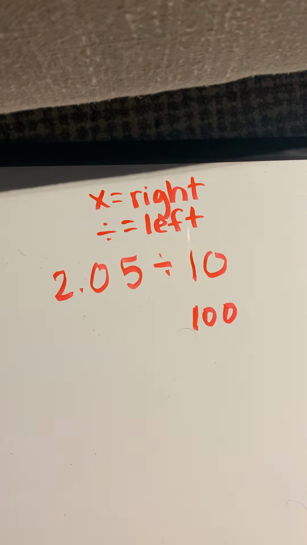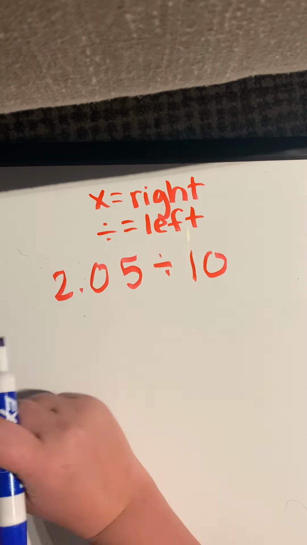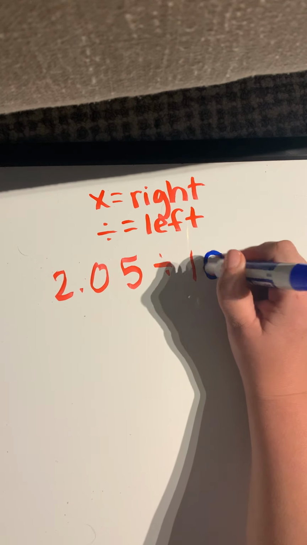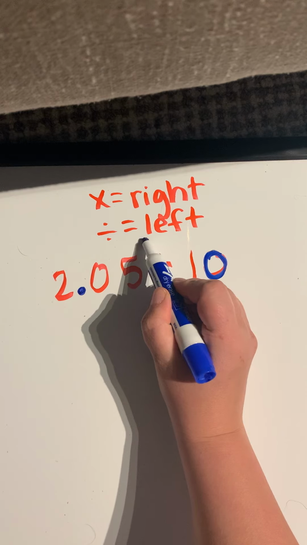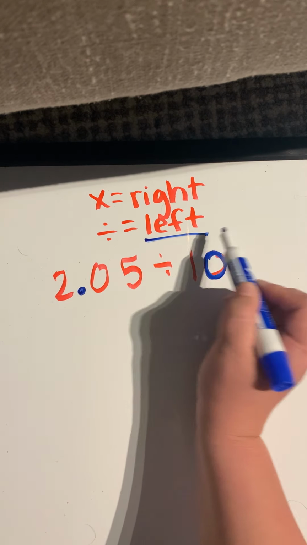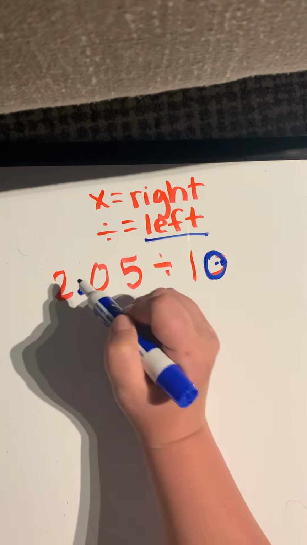Okay, now all we have to do is take a look at my 10. How many zeros are there, guys? Just one, right? So I'm going to put my marker on my decimal point and move it left one space because I have 1 zero.